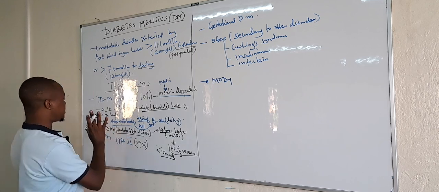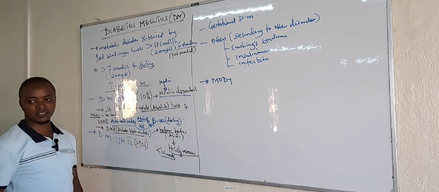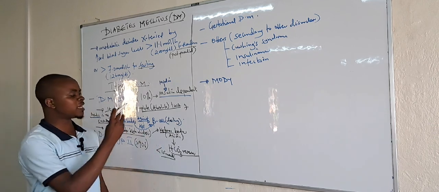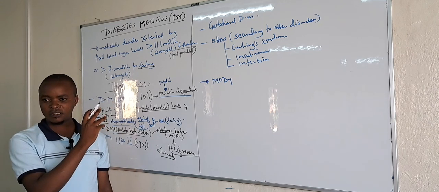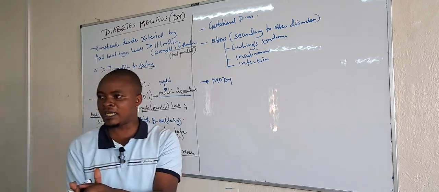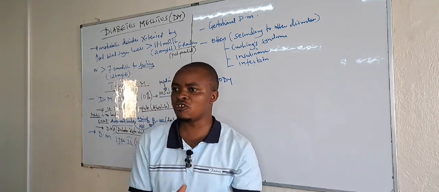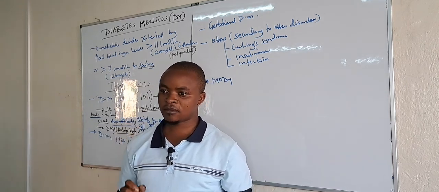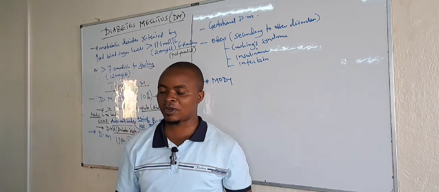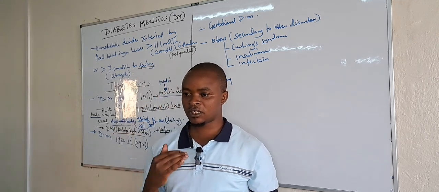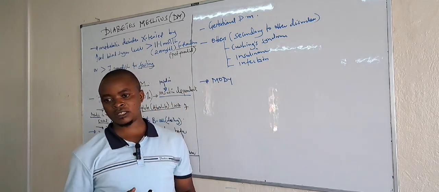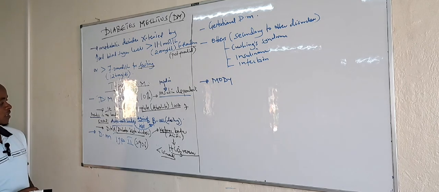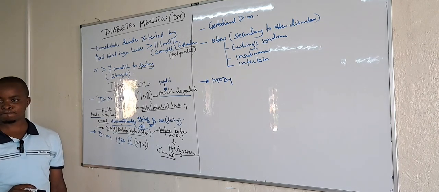So how does type 1 bring about diabetic ketoacidosis? It triggers ketogenesis, the formation of ketone bodies, which are moderately acidic. They combine with the bicarbonates, hence reducing them, and metabolic acidosis is reduced levels of bicarbonate. So that's how we see DKA coming in with type 1.